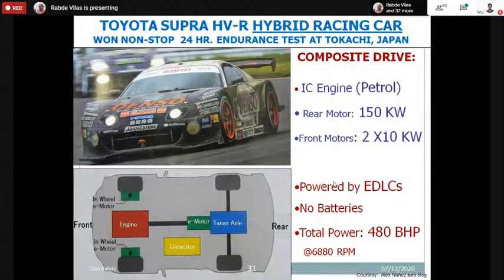If you see the module here, there is a supercapacitor bank here, which gives the momentary power required for accelerating the racing car, because acceleration must be at peak as far as the racing car is concerned for winning the race. So it has given excellent results for the 24-hour endurance test at Kotachi, Japan.